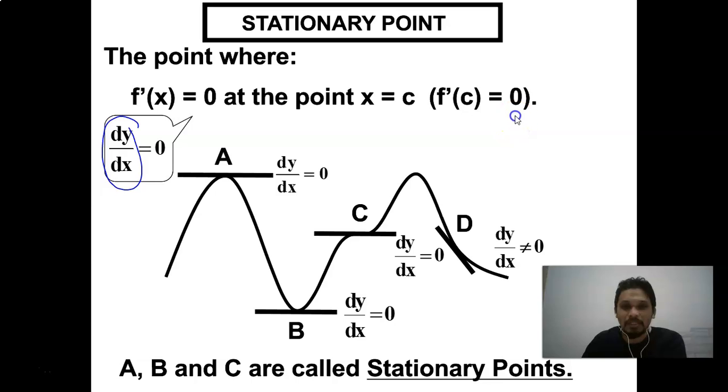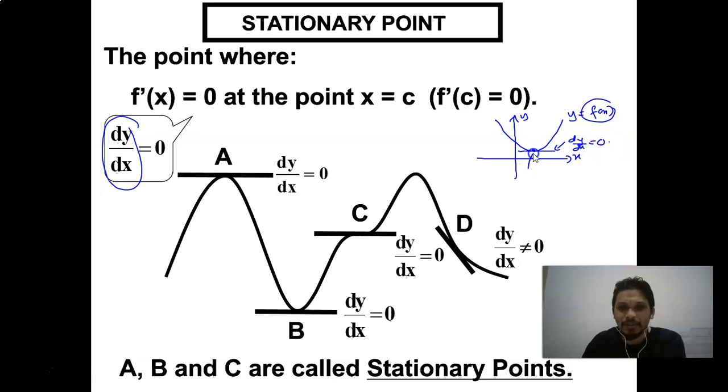If I make it clear with the x and y axes, let's say this is the curve of y equal to f(x), and this is quadratic. We are going to look at this point here, where the gradient, dy/dx, equals 0.